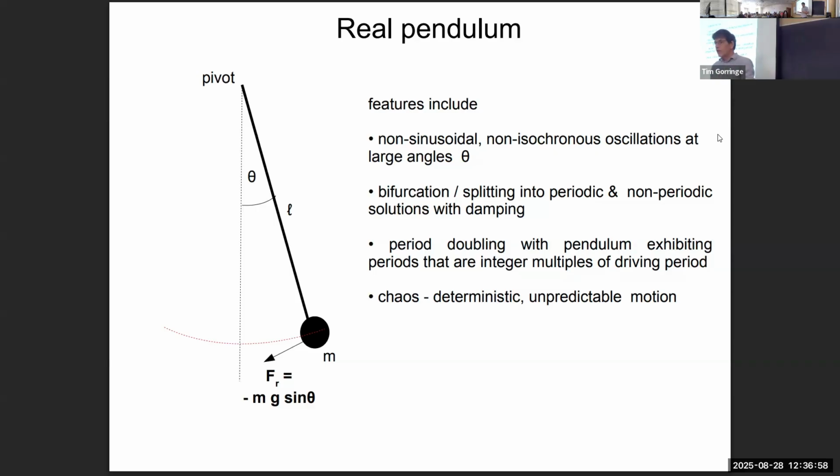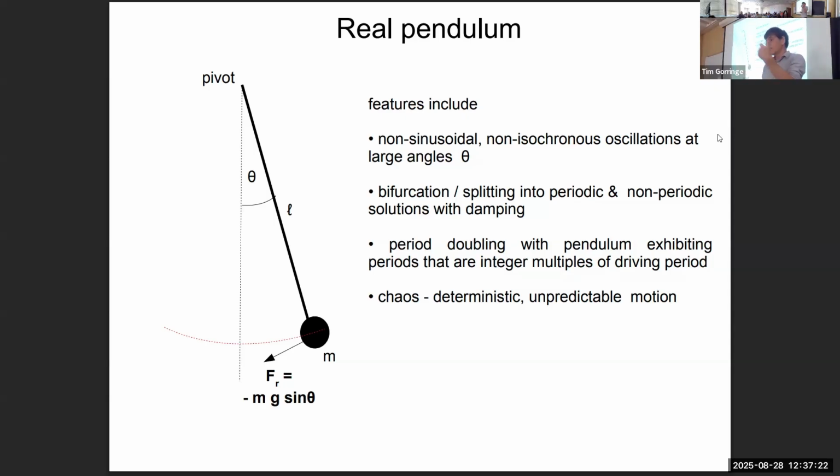So one feature that we'll see with a real pendulum is that if you swing the pendulum with a large enough amplitude, with a large enough angle, then the motion is not sinusoidal, first of all.